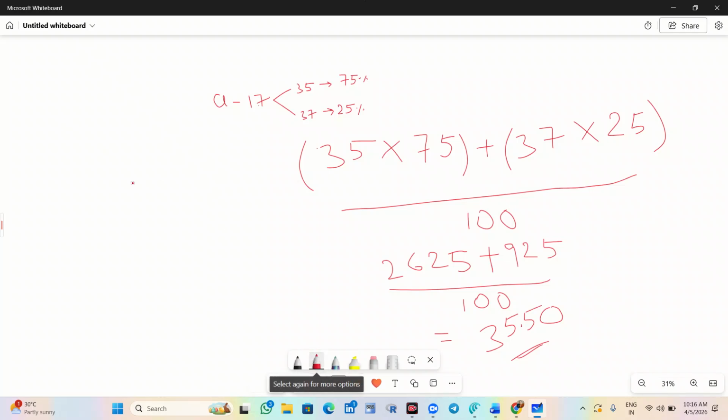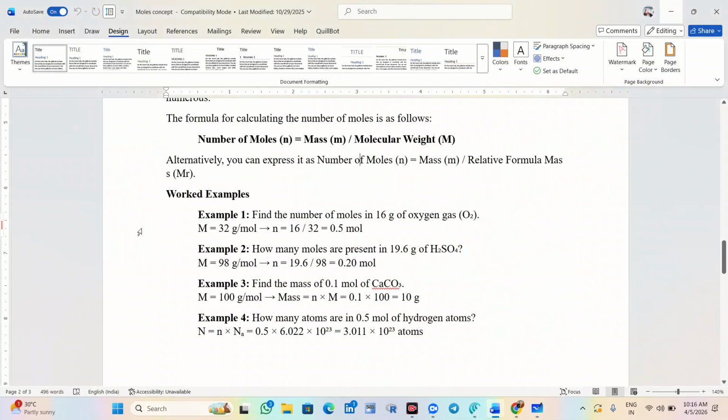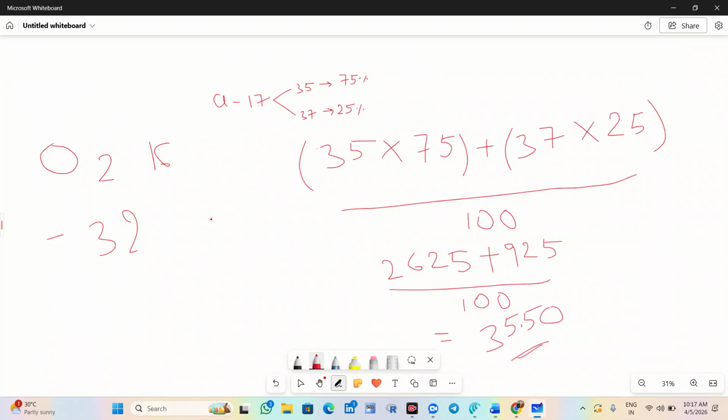For example, if we take oxygen O2, its relative atomic mass is 16 and its relative formula mass is 32. And we have 16 grams of oxygen, so mass equals 16.